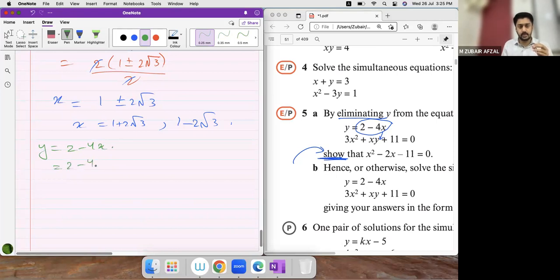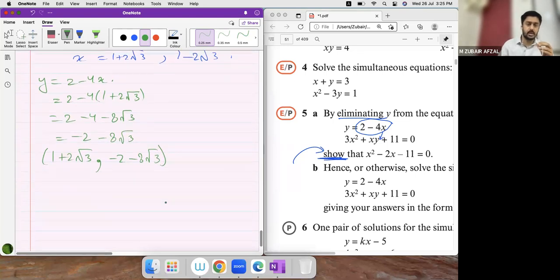So one by one, the first value is 1 plus 2 square root 3. 2 minus 4 minus 8 square root 3. 2 minus 4 is minus 2 minus 8 square root 3. So when x is 1 plus 2 square root 3, y is minus 2 minus 8 square root 3.